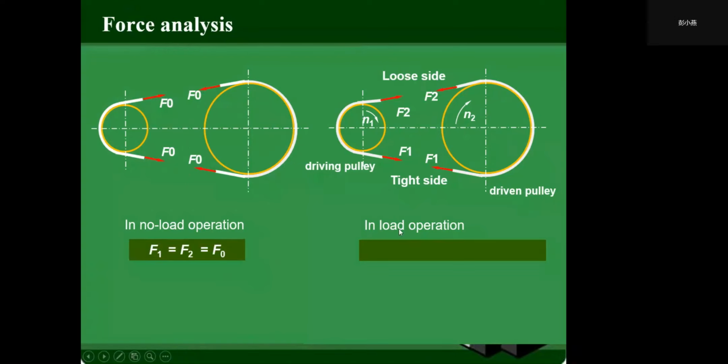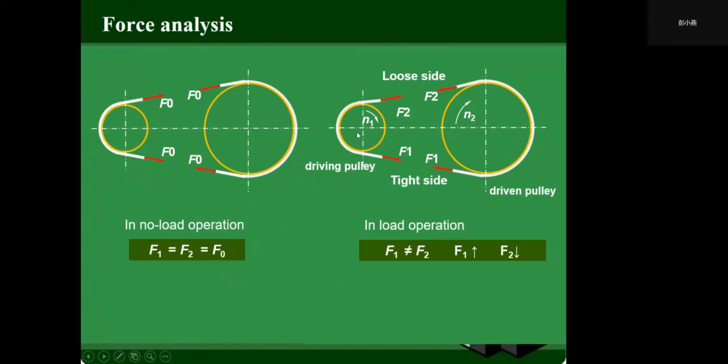And in load operation, the driving pulley and the driven pulley rotate in clockwise direction, and the bottom strand of belt is the tight side. The upper strand of belt is the slack side.